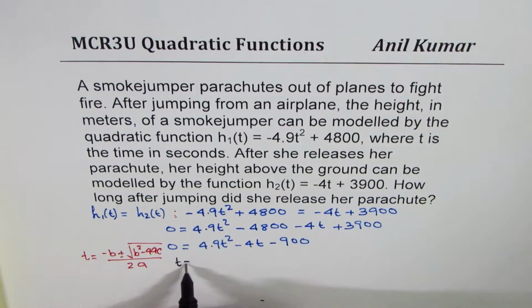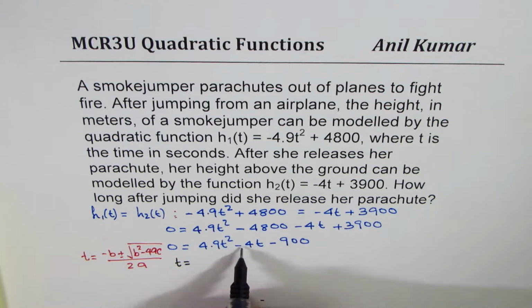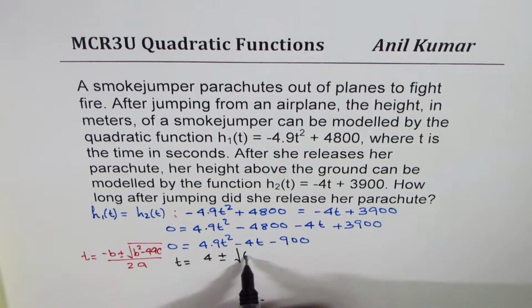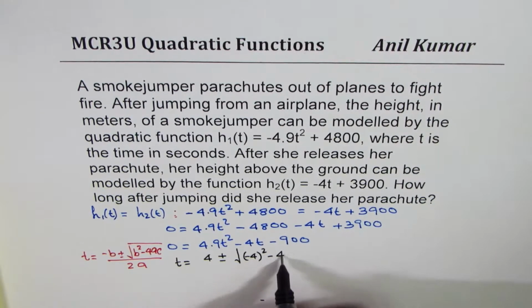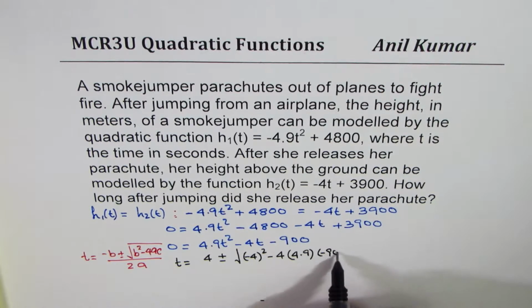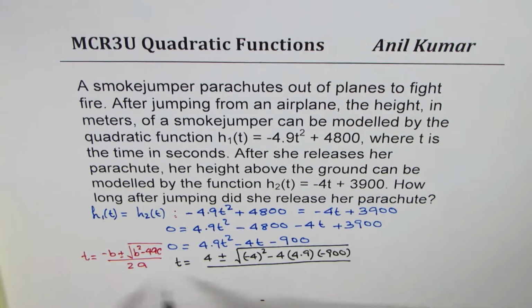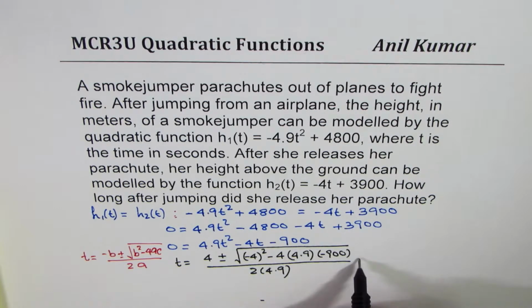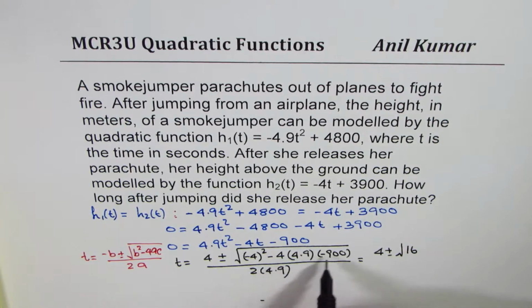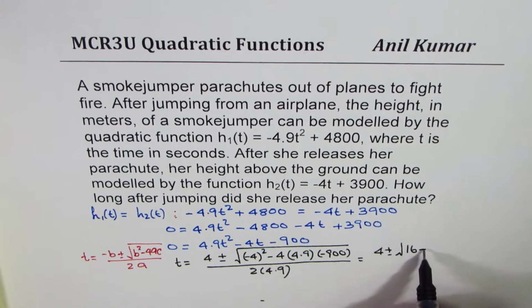So t equals minus b, which is minus of minus 4, that becomes plus 4, plus minus square root of square of minus 4 minus 4 times a, which is 4.9, times minus 900, divided by 2 times a, that means 2 times 4.9, correct? That gives you 4 plus minus square root of 16, and we can multiply these terms. 2 negatives makes positive.